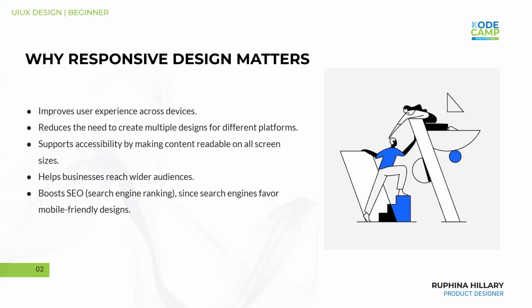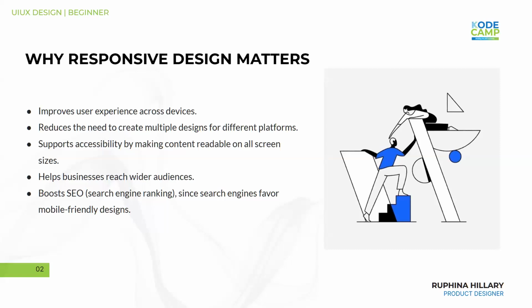Second of all, it reduces the need to create multiple designs for different platforms. It supports accessibility by making content readable on all screen sizes. So there's something they call mobile first or desktop first process, right? There are some applications that when you start designing the application or the website, you start with the mobile version.